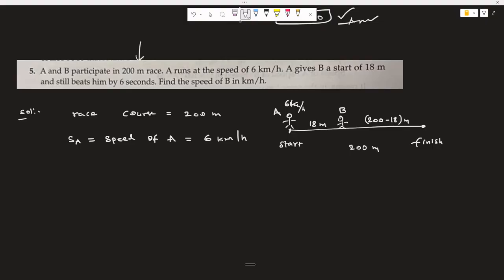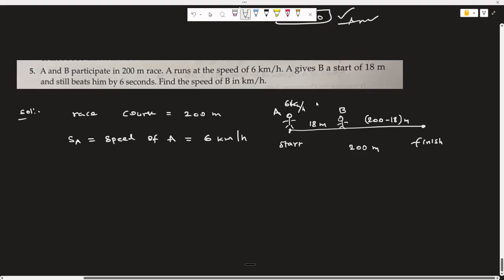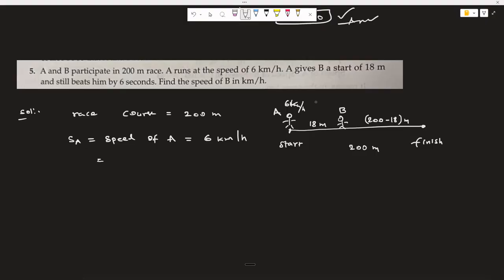Actually, the race course was in meters, but look, the speed was given in kilometers. We have to change the things into meters or into kilometers. So let us change this 6 kilometers per hour into meters per second.